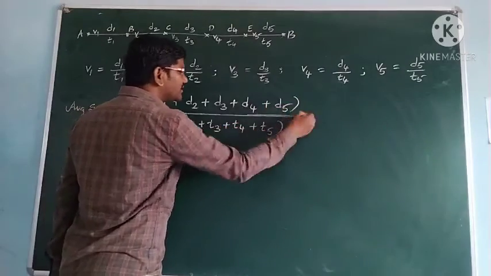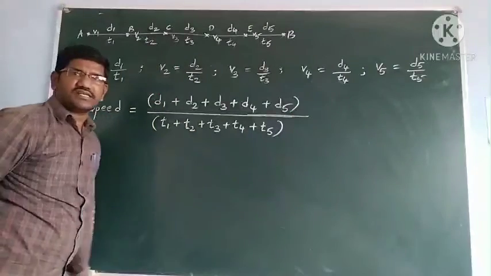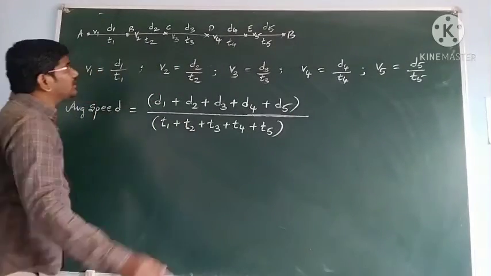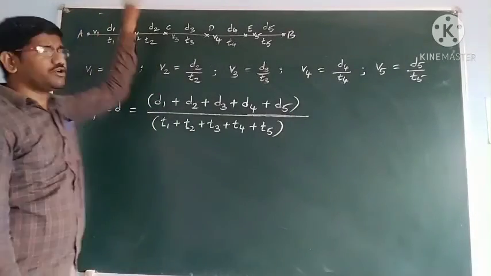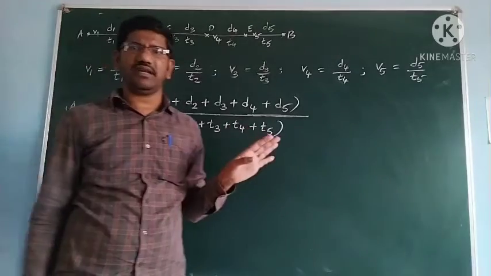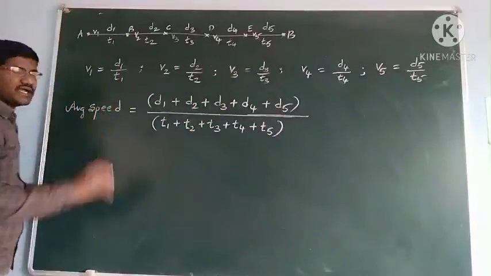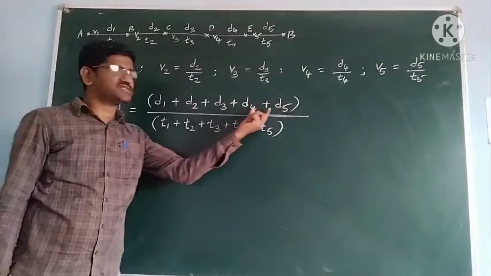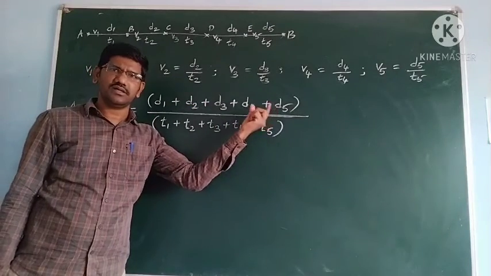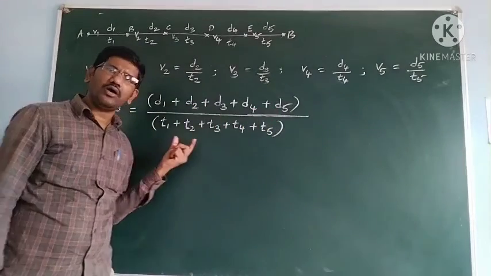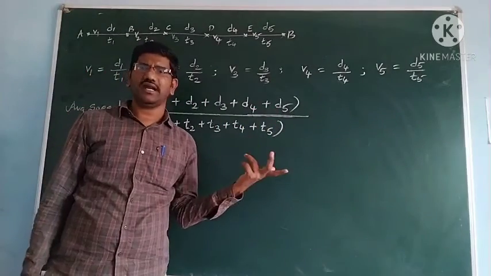If all distances and all times are given directly, then you can use the formula directly. Write all distances in kilometers and all times in hours.